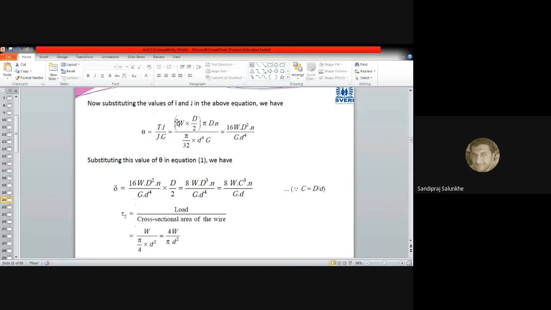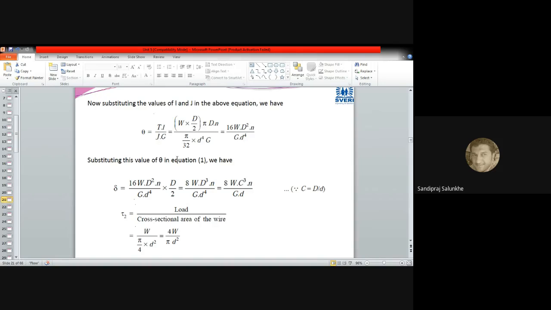This 16 will go to the upper side, so it will be 16 W D, this D and this D will become D square into N. And this pi and this pi will cancel. So deflection will become 16 W capital D square into number of active turns divided by G, the modulus of rigidity, multiplied by wire diameter raised to 4.